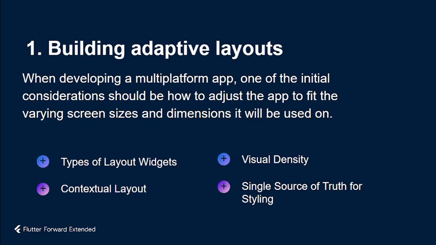When you are developing an adaptive app, one of the initial considerations should be how to adjust the app to fit the varying screen sizes and dimensions it will be used on. So there are types of layout widgets that we look into, then visual density, then contextual layout, and last but not least, a single source of truth for styling.